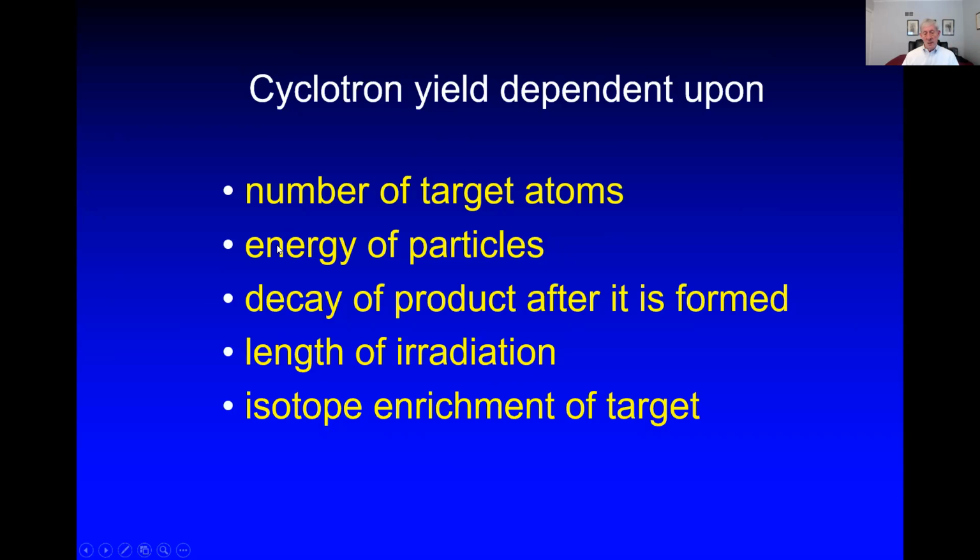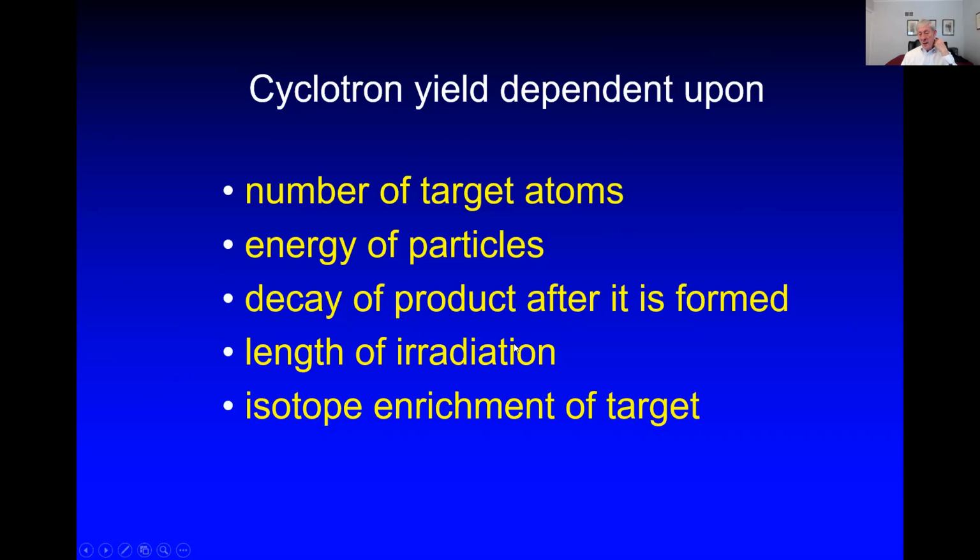Same thing is true here. There's a threshold energy for every reaction, and it's a huge number. It's usually like 38 or 50 million electron volts, not K, but MeV, million electron volts. So if it's 38 and you're operating at 37, the reaction's not going. It's got to get to that threshold, and then it takes off.